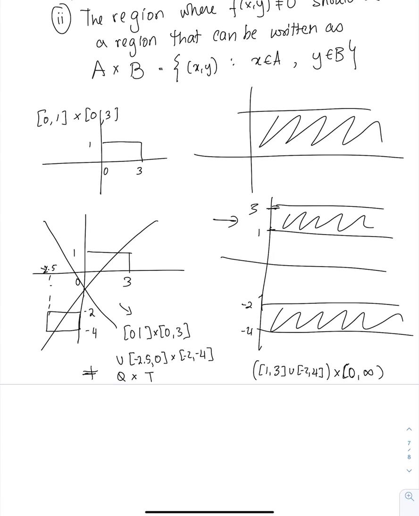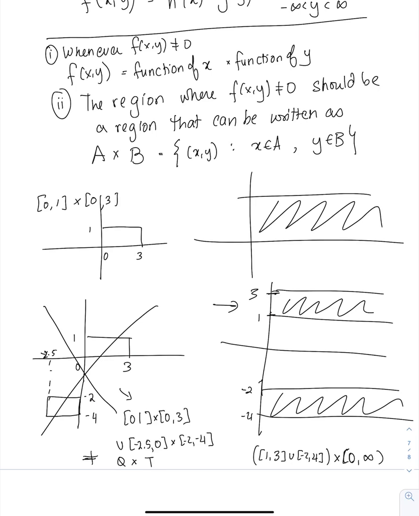You need that the region is a Cartesian product of sets. Most of the examples we see will just have one set like this or like this. We generally do not have unions. But I'm just saying if you do have a union, it needs to be a union of this form. Okay? All right.